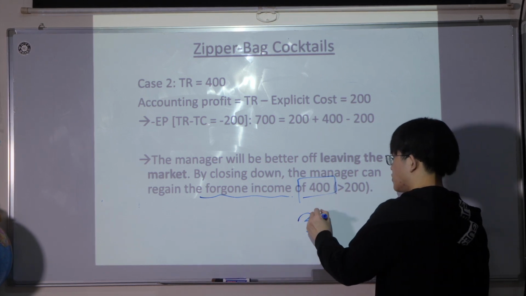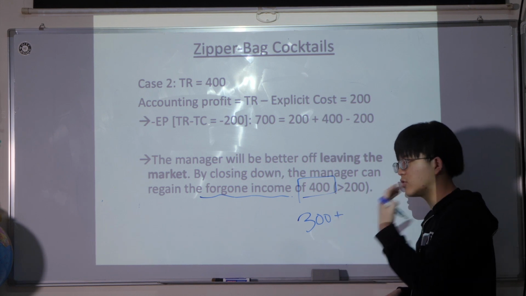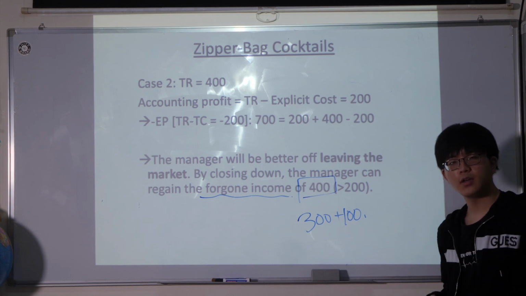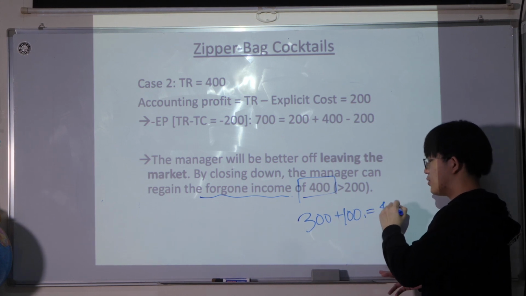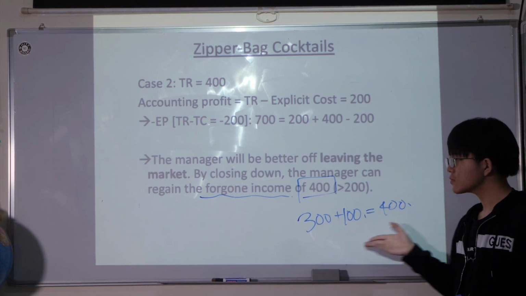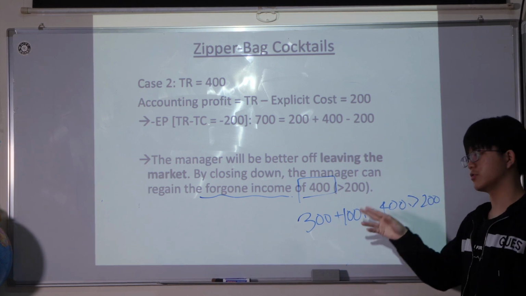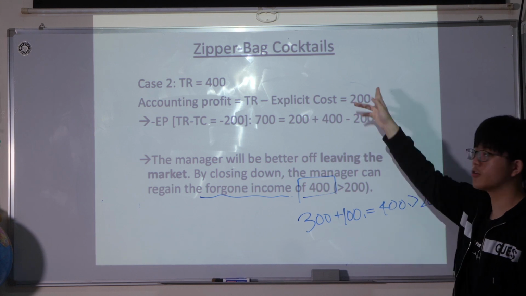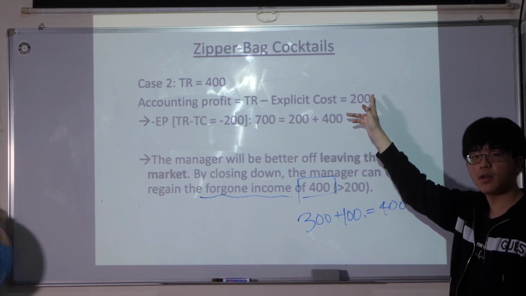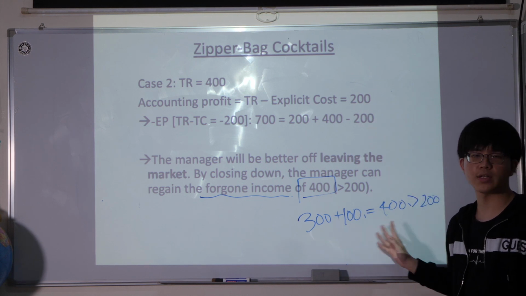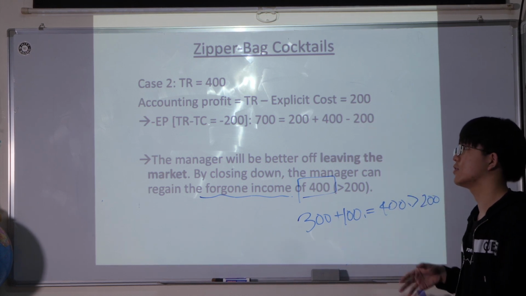And also you can use your truck to provide delivery service. You can earn 100, so you can earn 400 in foregone income, which is greater than 200, the accounting profit that you currently earn. But if you start the business and you do other things, then you can earn more than that. That's the reason why we need to leave the market.